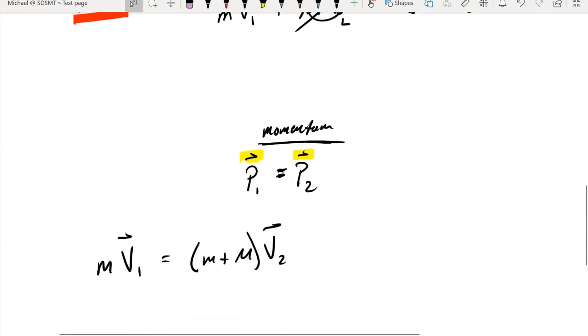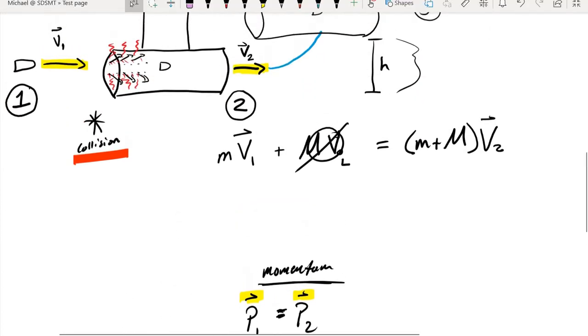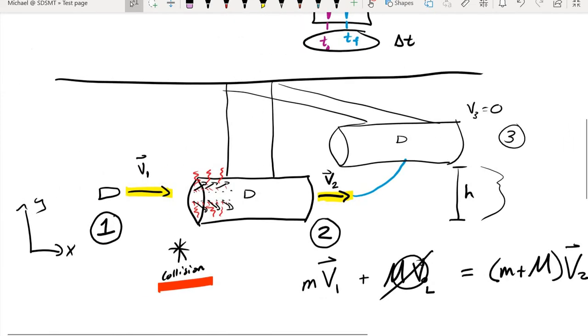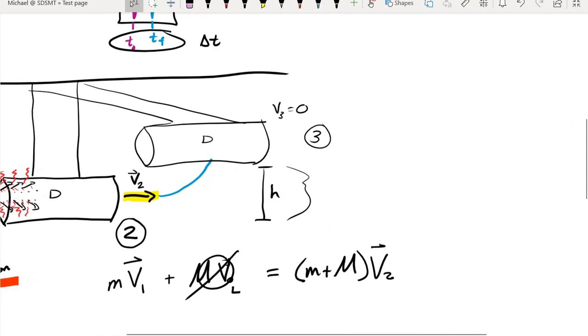I haven't given any values yet, but if we need to, since this is your job to test these bullets, keep in mind the things that you can control in an experimental setting. We can control the mass of the bullet, and I'm going to say we have a 10-gram bullet, so that would be 0.01 kilograms.